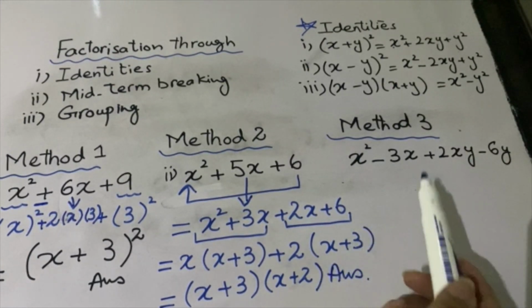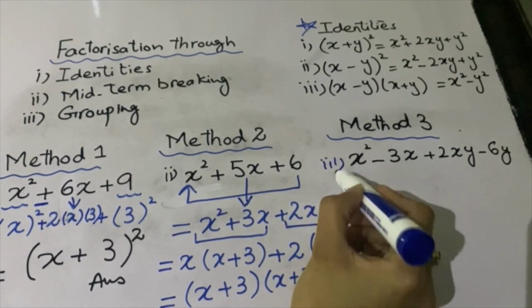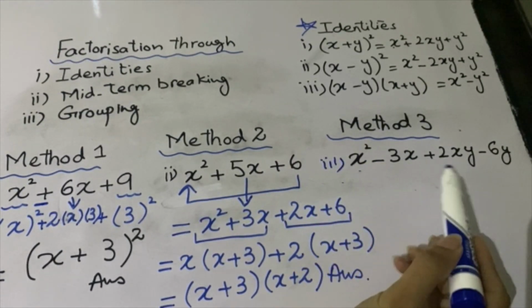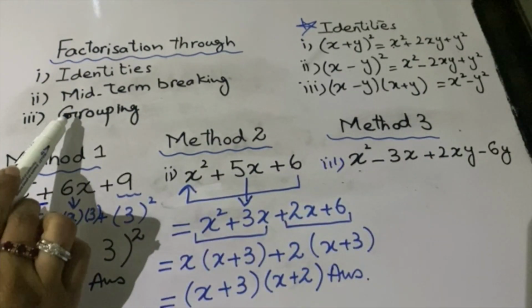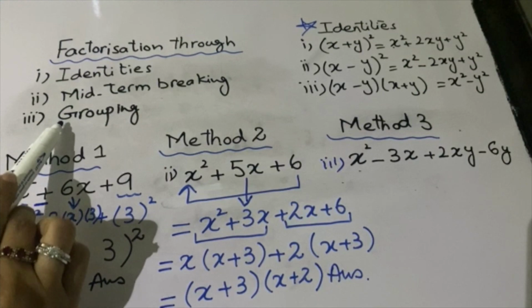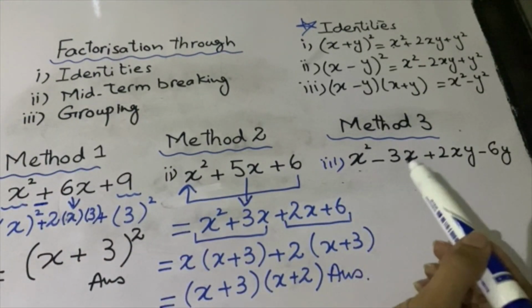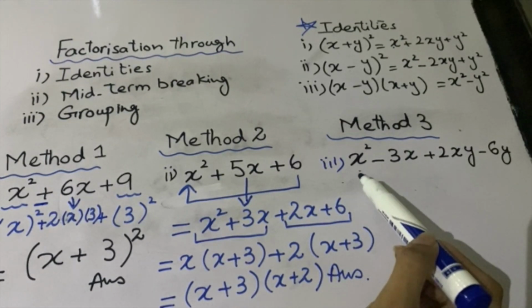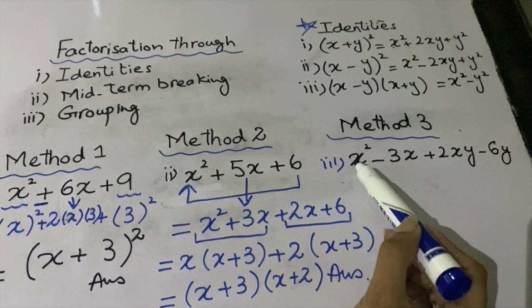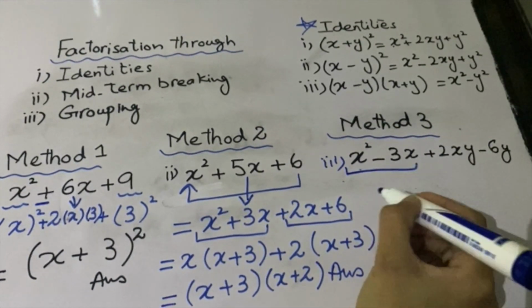Now come to question number 3. If you see question number 3, here you have 4 terms. So when you see 4 terms, you have only one method to factorize it, that is grouping. So you are going to factorize it by grouping. For grouping, you have to see in which 2 terms you can find anything common. If you see in these 2 terms, x is common.